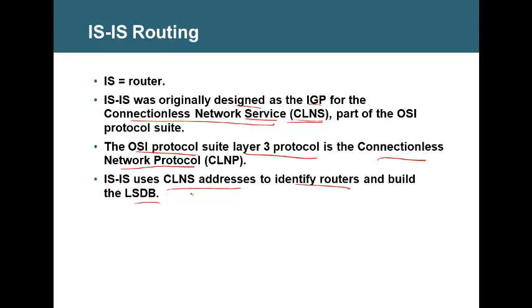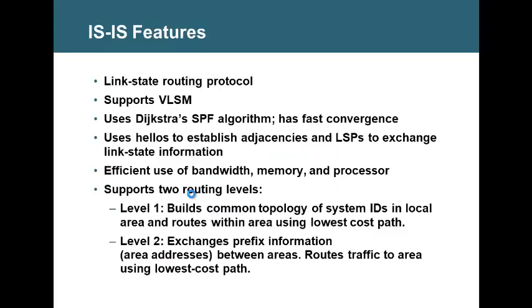Now, as you already know, it's a link state routing protocol, and this supports VLSM, and it uses Dijkstra's algorithm. You know about Dijkstra's algorithm, the binary tree algorithm, which is going to calculate the cost by adding up the path cost.